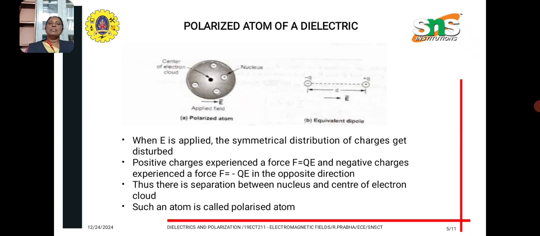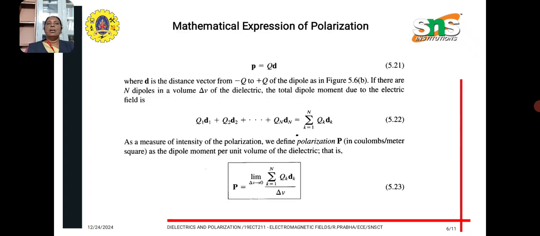Thus there is a separation between the nucleus and the center of the electron cloud. Such an atom is called a polarized atom, and the dipole moment is given by P is equal to Q into D.